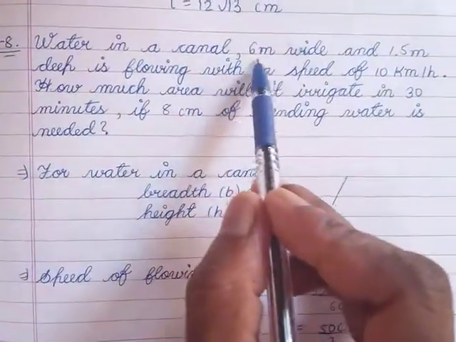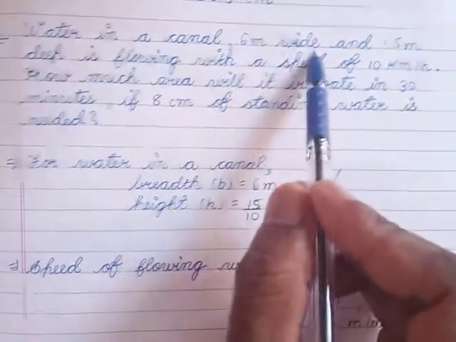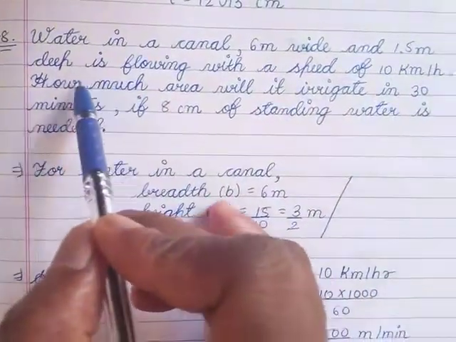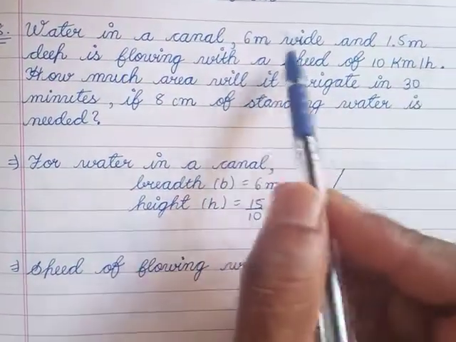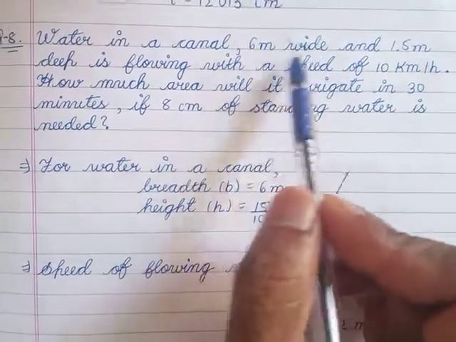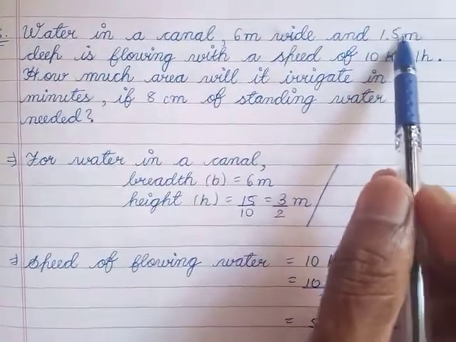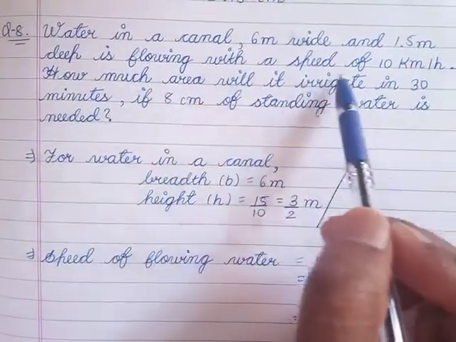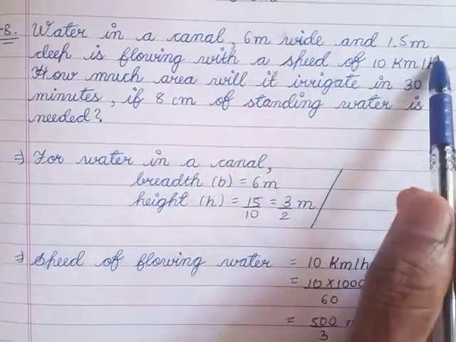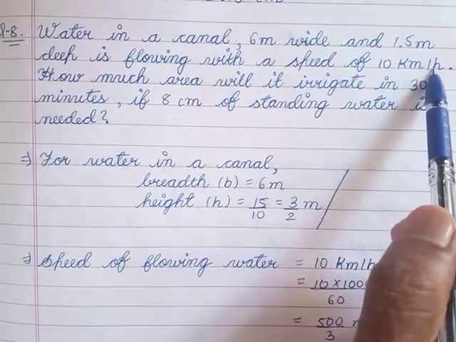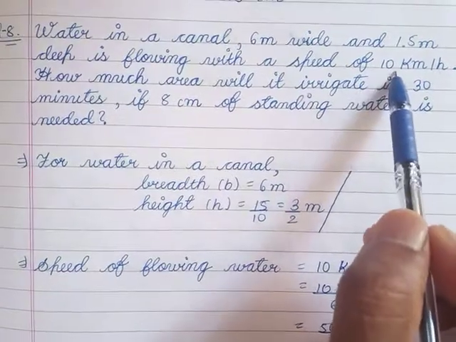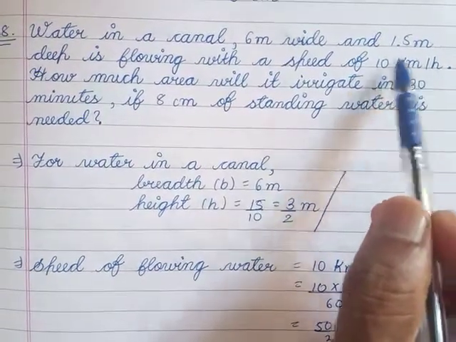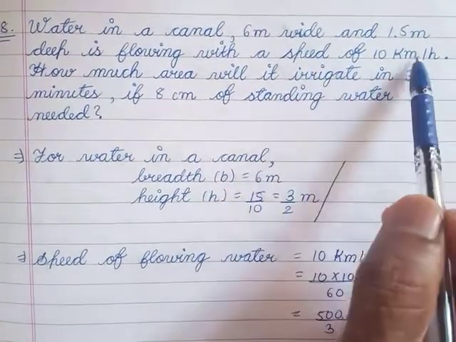In a canal 6 meters wide and 1.5 meters deep, water is flowing with a speed of 10 kilometers per hour. Wide means breadth, depth means height. So this speed has to be converted into length.